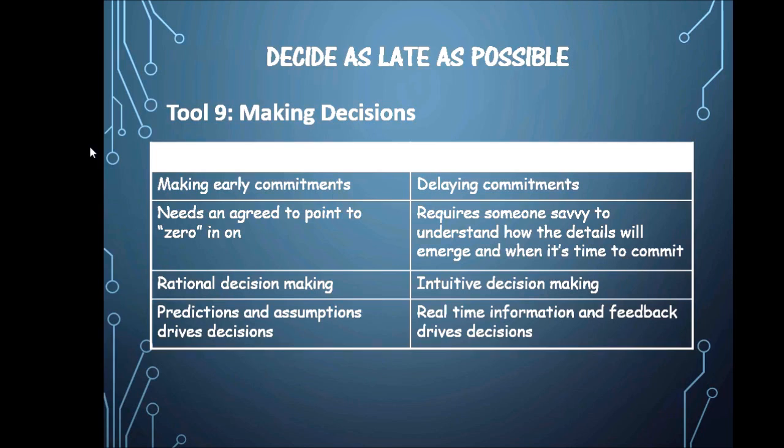Breadth first: delaying commitments requires someone's savvy to understand how details will emerge and when it's time to commit. The third one, intuitive decision making. And the last one, real-time information and feedback drive decisions.